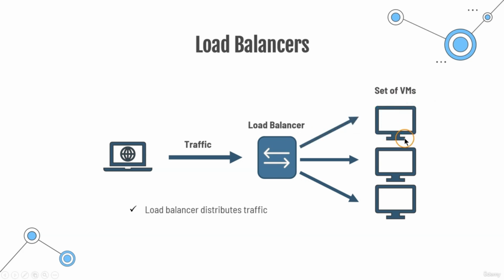Or if there's one virtual machine that has a lot of capacity, this will also be detected by the load balancer, and then more traffic will be sent to this virtual machine. So this will distribute the traffic to the healthy virtual machines so that we can have a higher availability and a higher network performance. This is what we use load balancers for. We can use them both for public traffic as well as internal traffic. So that's what we can use load balancers for.